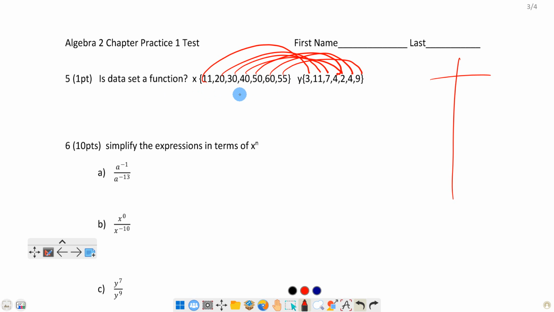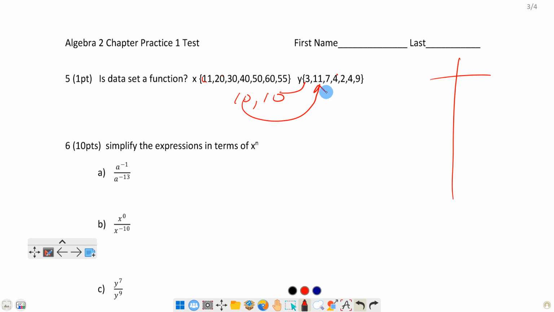I don't have like a 10 and a 10 with different y values. If my 10 went to the 3 and this 10 went to 11, I'd have repeating x values that give me different y values, so then that would not be a function. But since I have no repeating x's, then this is a function.